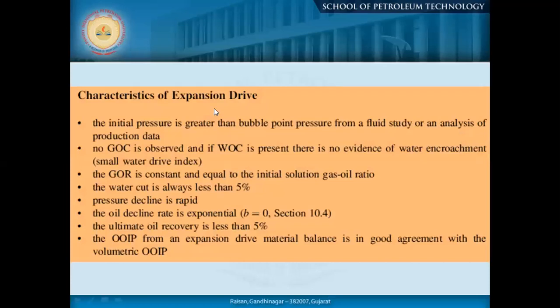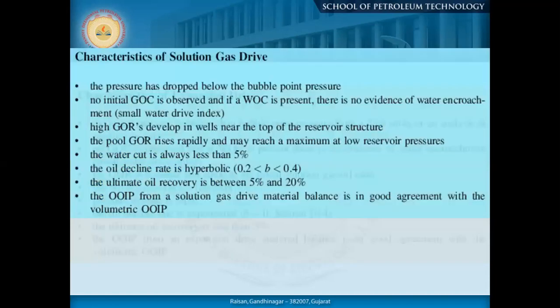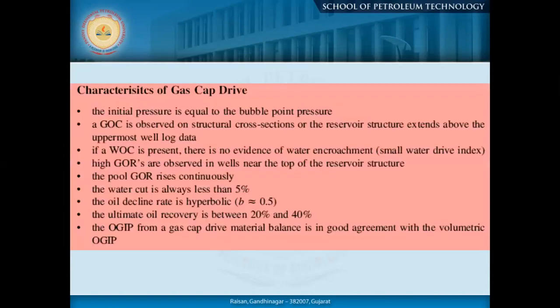So when you have an expansion drive, what are the features you will encounter? When you start taking production from an expansion drive or a solution gas drive, what is going to happen? It will come to the bubble point pressure at a specific point, then the gas will come out and start giving you support if you don't produce it. So if you have an expansion drive, how do you keep the pressure higher? If you have a solution gas drive, what do you do with it? You may have a gas cap drive, which we have discussed.